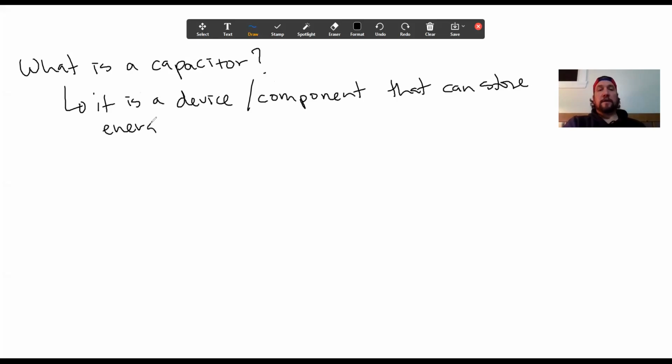That's not its main purpose, but one of its main attributes or features of a capacitor.